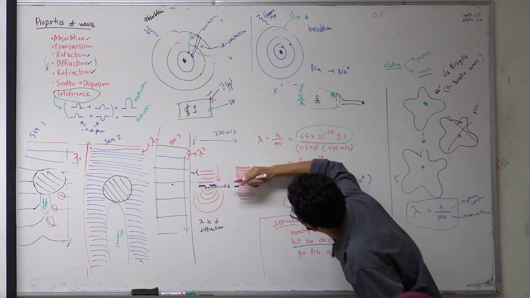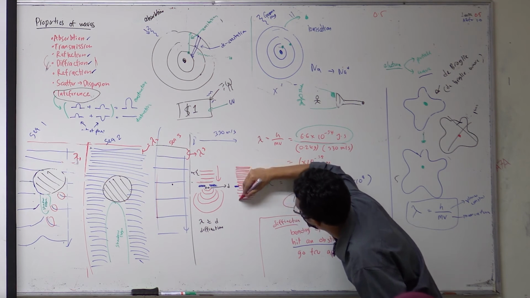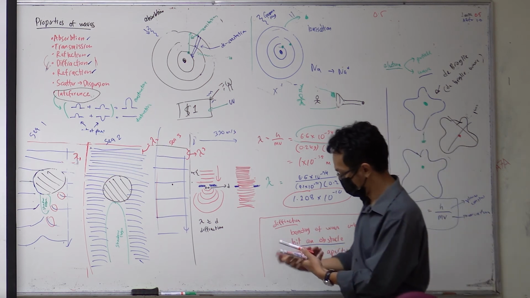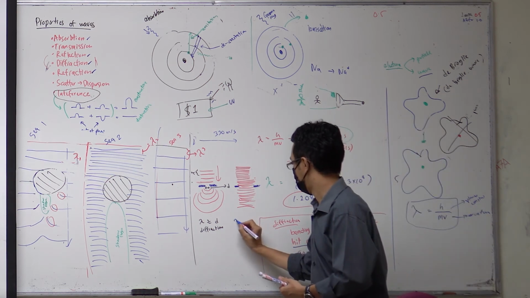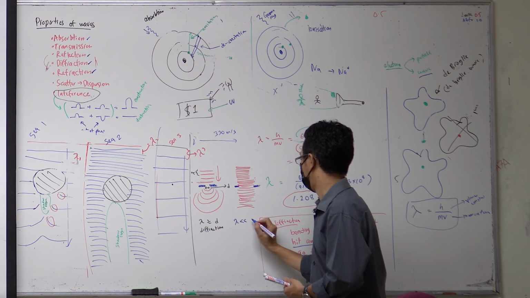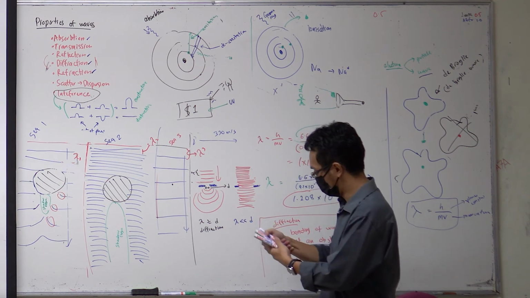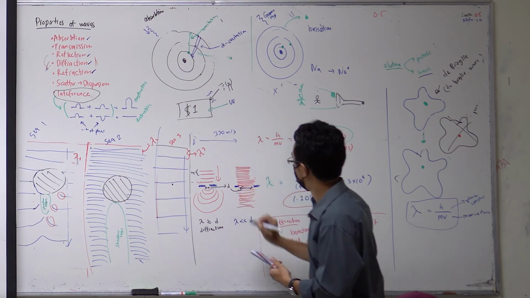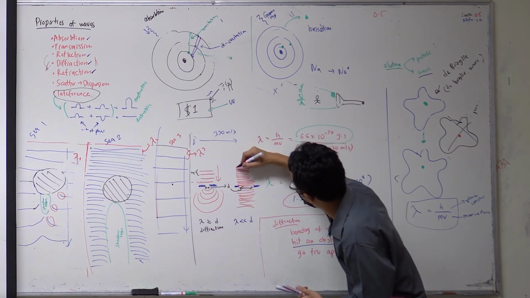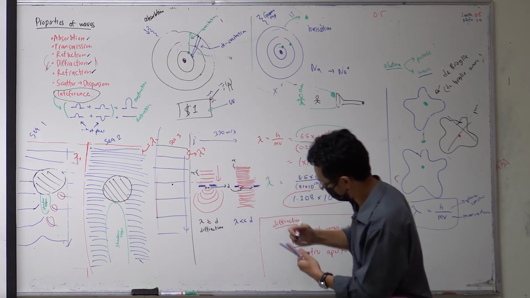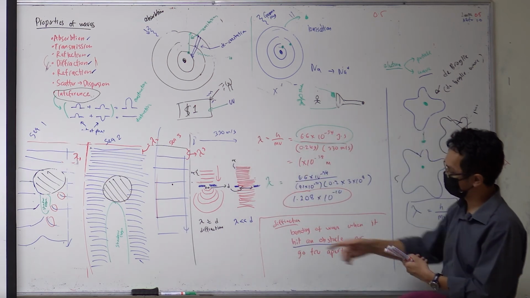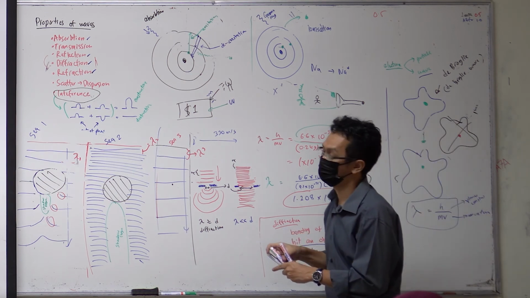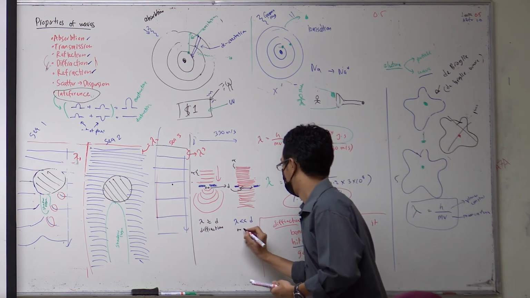It just diffracts a little bit here, but that's it, and just goes like normal. So when the wavelength is much smaller than D, this is D, and this is the wavelength, there is very little diffraction. We can say there is no diffraction.